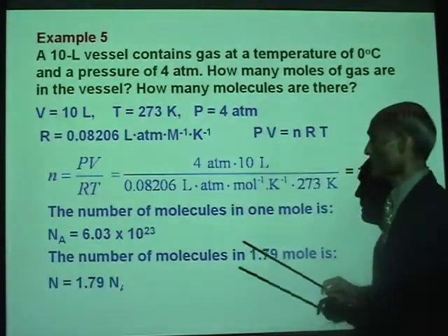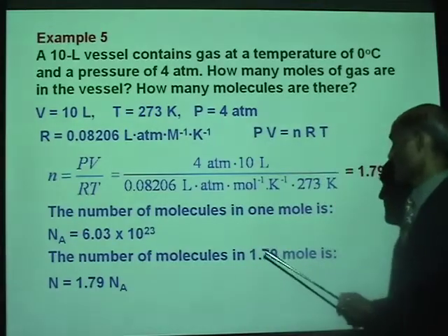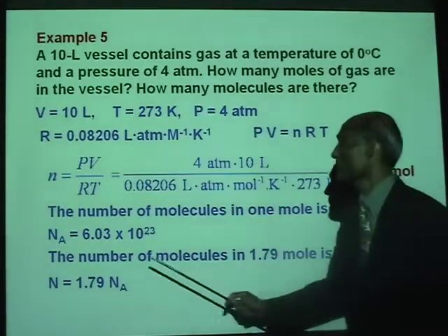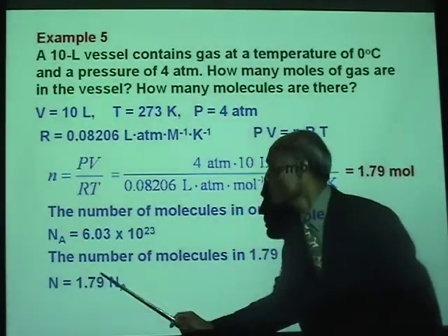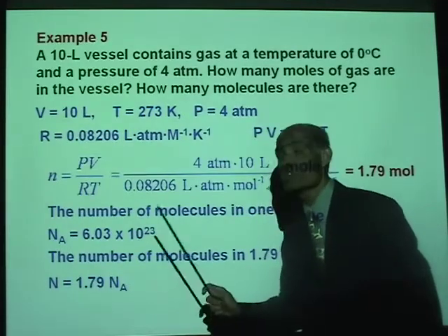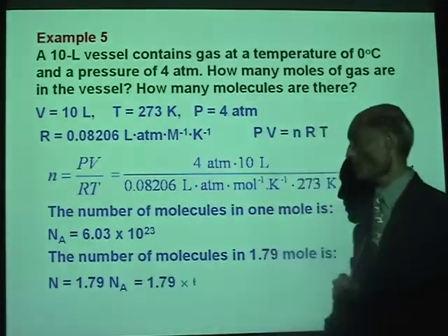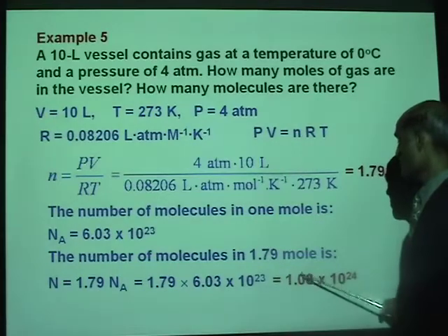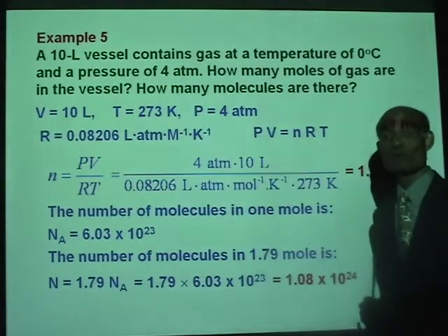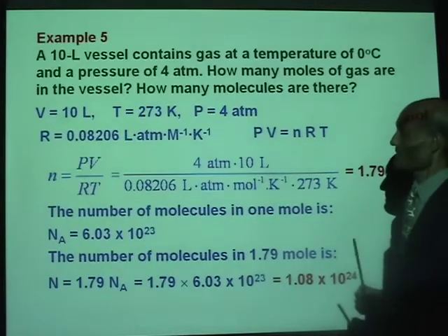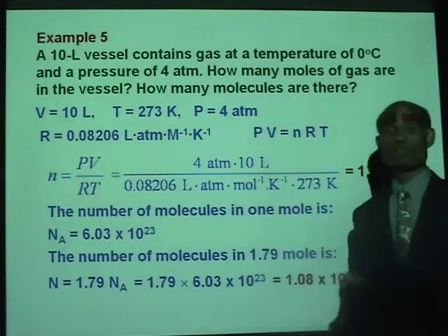The number of moles multiplied by the number of molecules per mole, and that gives you 1.08 times 10 to the 24 molecules. Okay, let's move on to another problem.